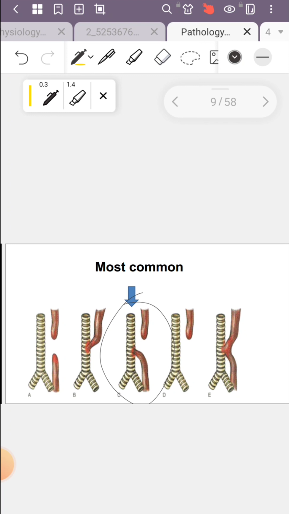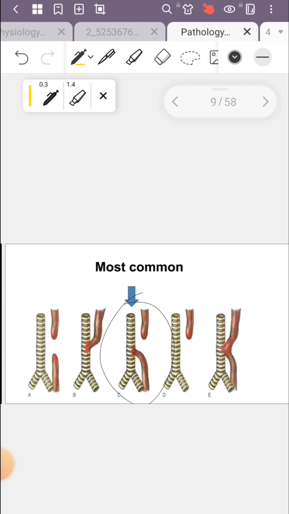When the baby is fed, there is severe vomiting after feeding. This is one. The second clinical presentation is polyhydramnios during fetal life. Polyhydramnios is excessive amniotic fluid surrounding the baby.